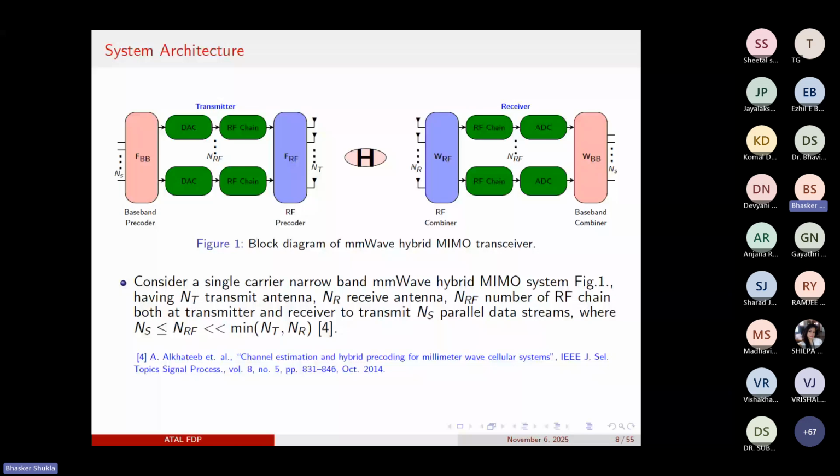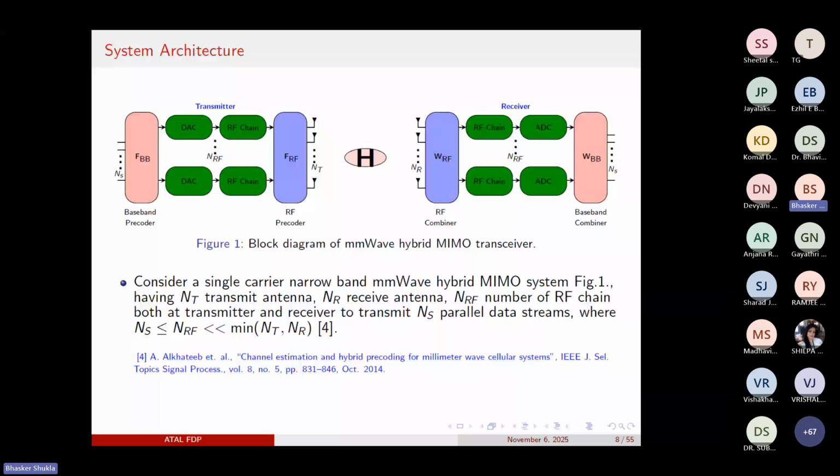The term hybrid here means to accommodate, or to cascade, both analog as well as digital precoder, and analog and digital combiner at the receiver.